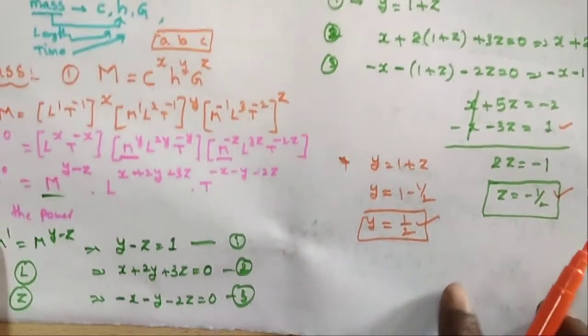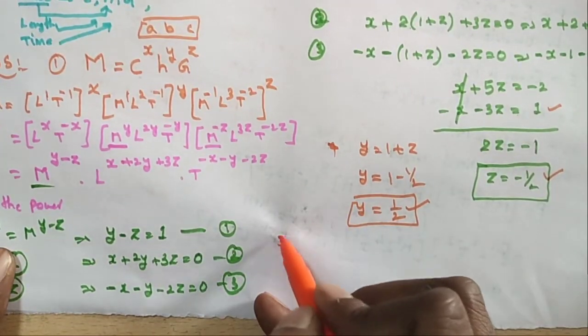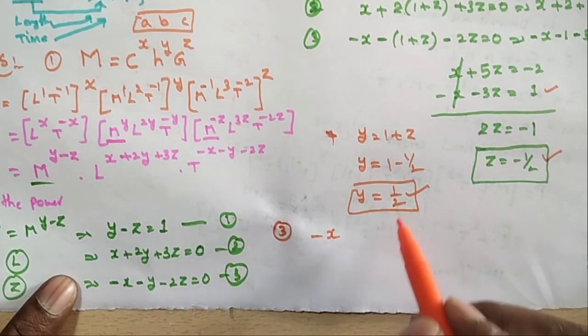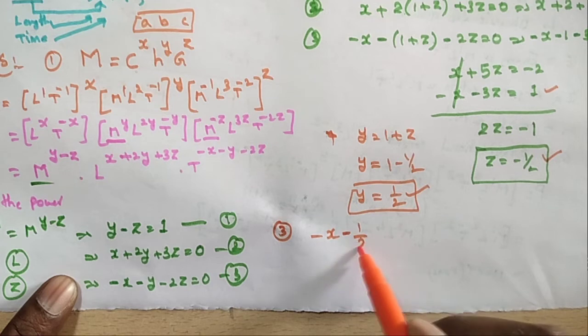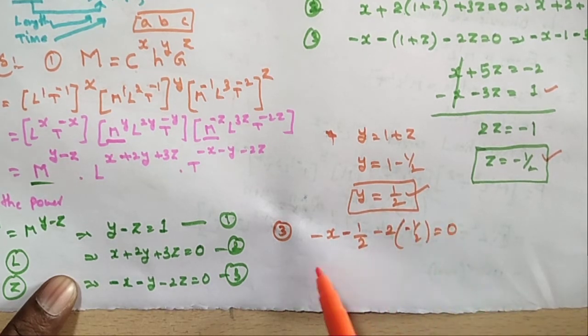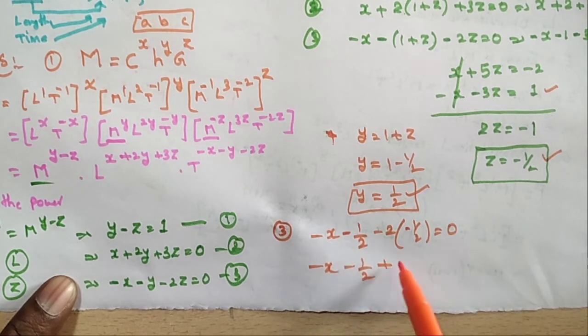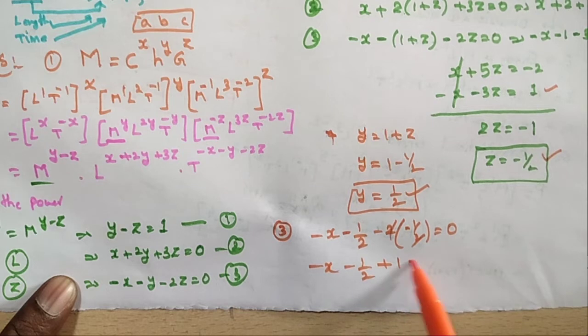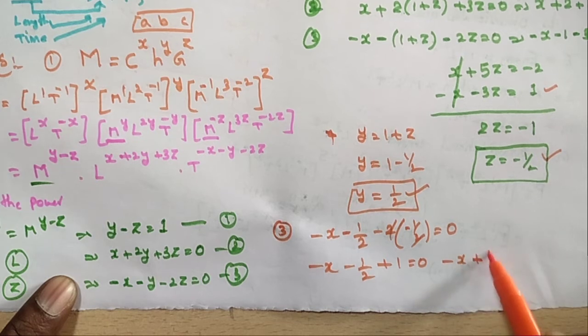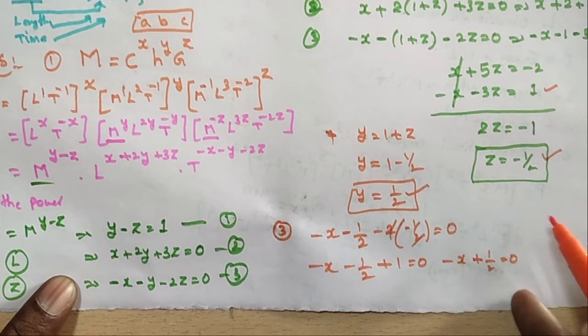Suppose I am taking equation number 3: minus x minus y minus 2z is equal to 0. Minus x minus 1 by 2, minus 2 into minus 1 by 2 is equal to 0. Minus x minus 1 by 2 plus 1 is equal to 0. Finally x is equal to 1 by 2.